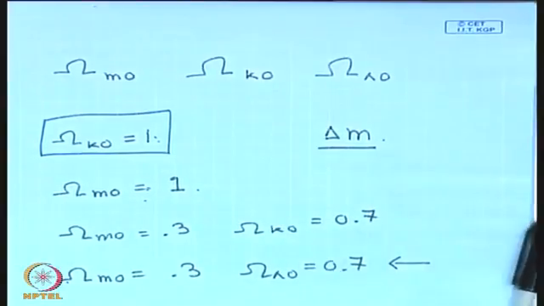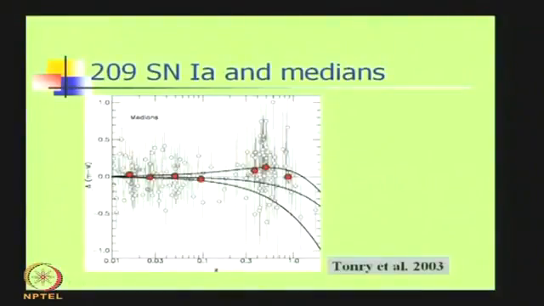The model which has just omega matter equal to 1 is not consistent with the data. Neither is a model where there is no matter at all, it is all curvature, free expansion. So you require a model with some amount of cosmological constant to explain the data.